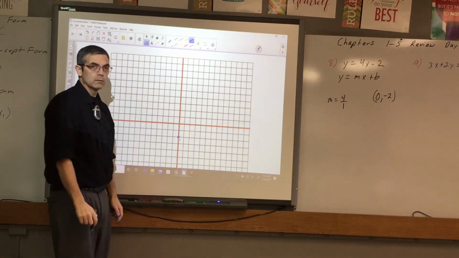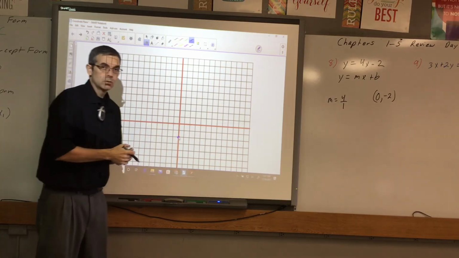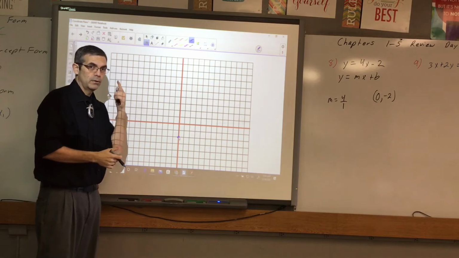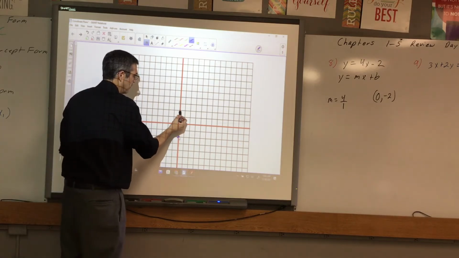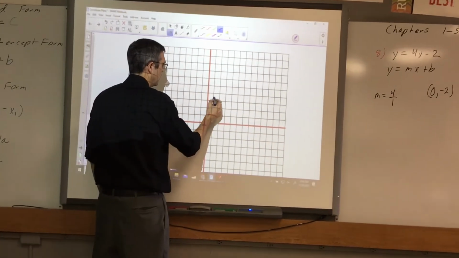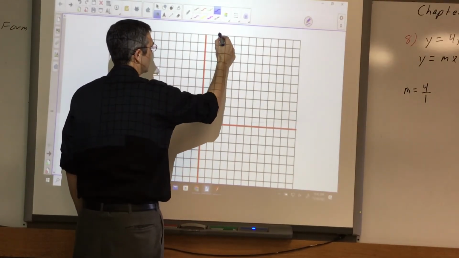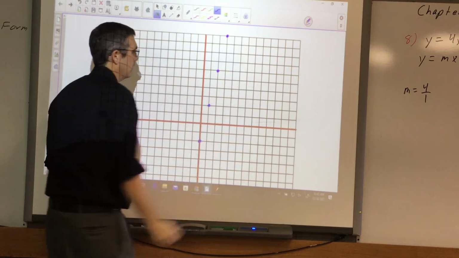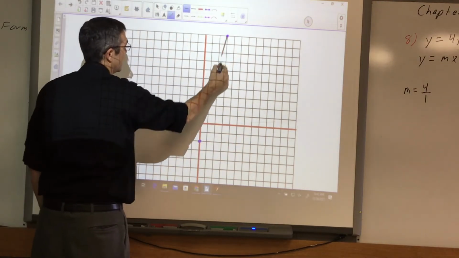Here's my first point. Now, my slope tells me to rise 4 and run 1. So rise 4: 1, 2, 3, 4. Run 1. So there's my second point. And then I can keep doing this. And now I have my line.